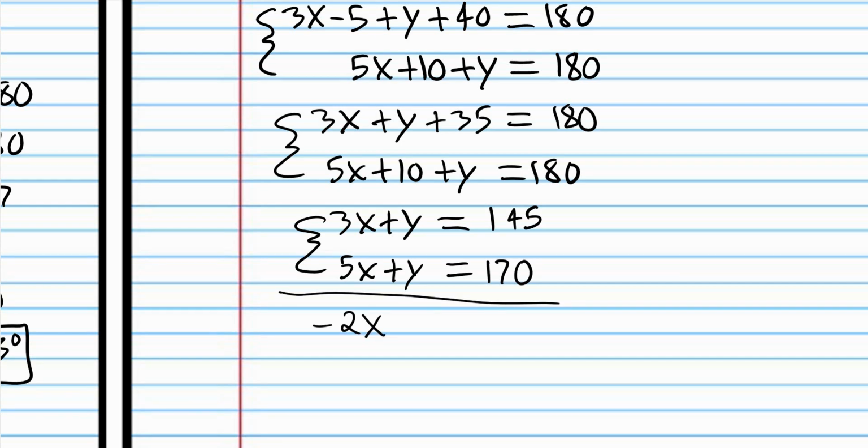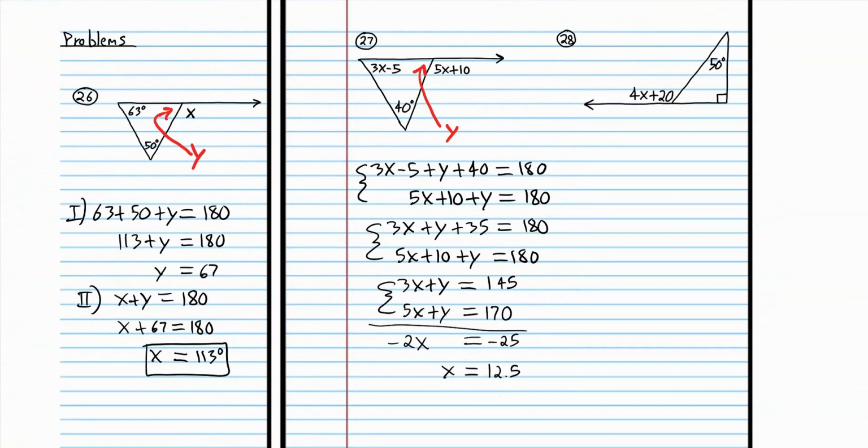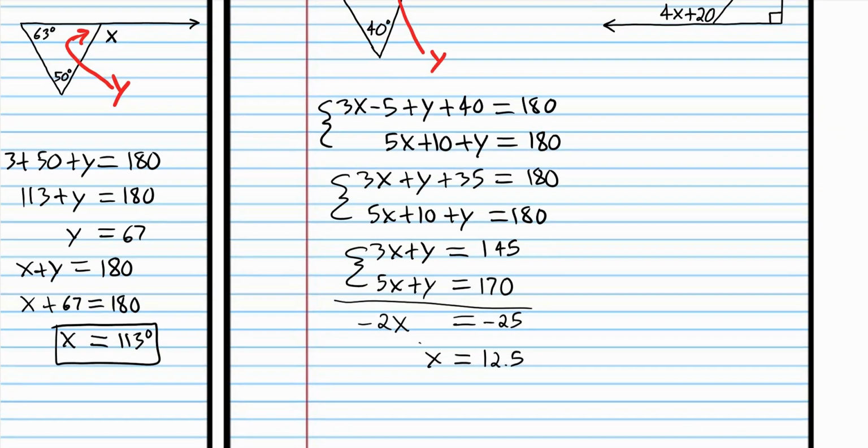Y minus y is 0, so I don't have to write anything there. 145 minus 170 is going to be -25. So now we just have to divide both sides by -2, and we get x is equal to 12.5. So that is the answer. X is equal to 12.5.